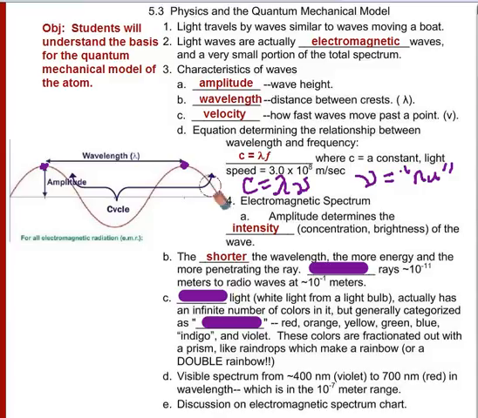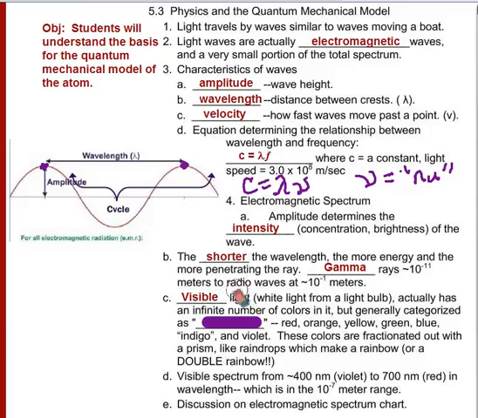Now, the shorter the wavelength, the more energy it has, and the more penetrating the ray. Gamma rays are about 10 to the negative 11th meters, where radio waves are 10 to the negative 1st meters, so about a decimeter long. That's why if you go under bridges, radio waves often can't pass through, at least not AM waves.